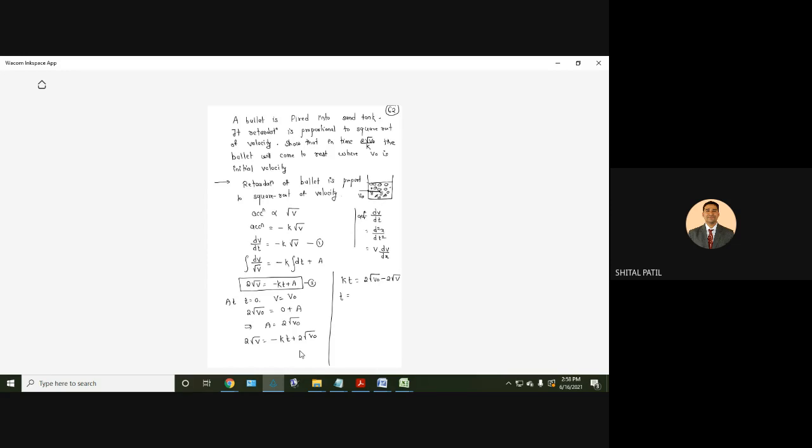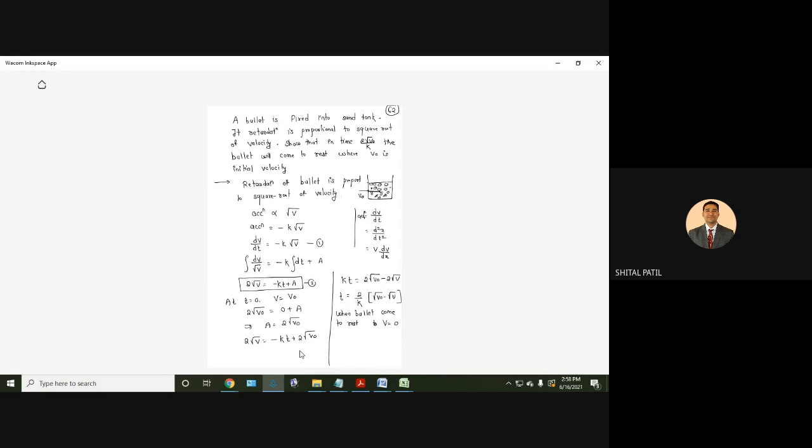Our aim is to find when the bullet comes to rest. Yes, so the velocity will be 0.